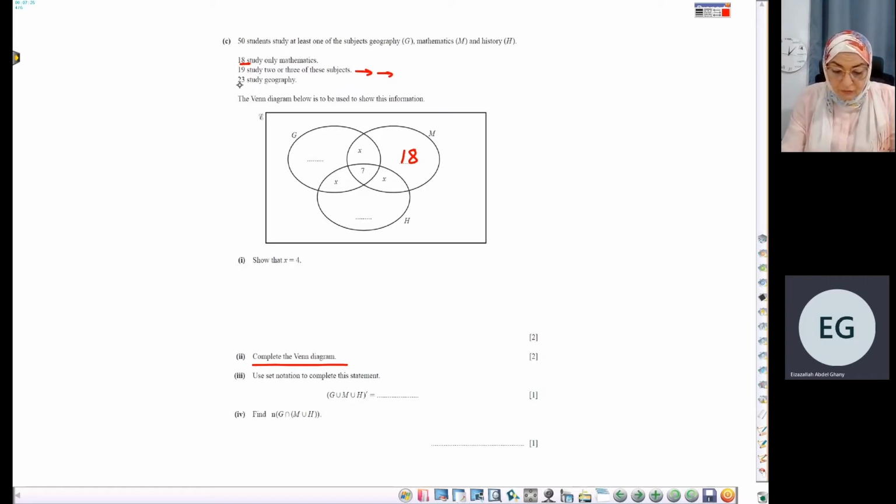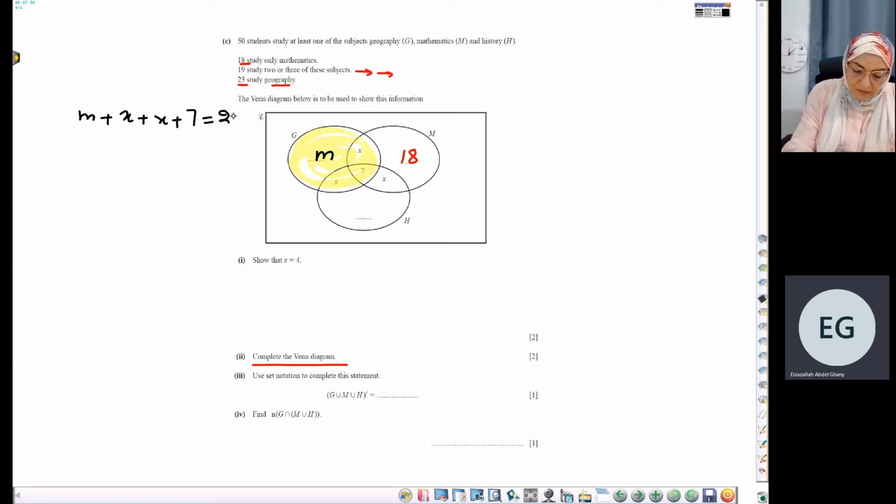The third line, 23 study geography. It means this shaded region, these students study geography, all of them together. And they are 23. It means if you need to find m, for example, you write it as an equation. M plus x plus x plus 7 equals 23.